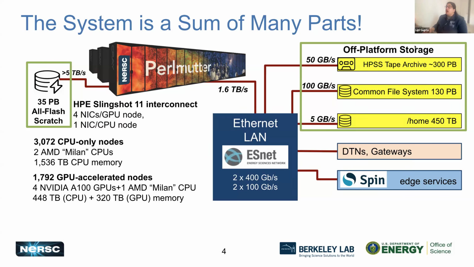And then these are what we call our off-platform storage. These are connected to Perlmutter via the internet, and the internet is provided by ESnet. This is also a Department of Energy Office of Science program, and they provide really, really fast internet.